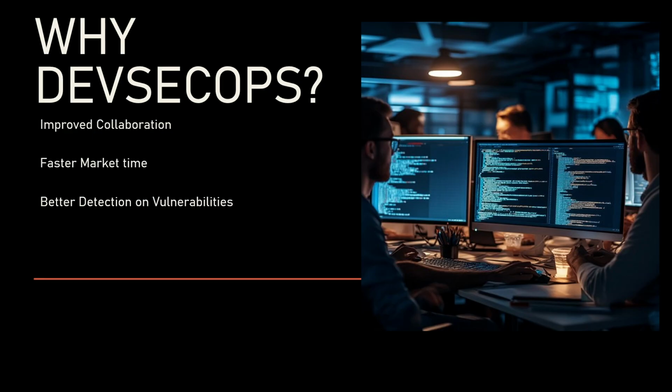Next reason why DevSecOps is so important is the faster time to market. You're going to see in a lot of early development teams that they have these problems pop up after operations has already sent it out and after the system is already running. And when that happens, you have to shut down the system in order to address these things.